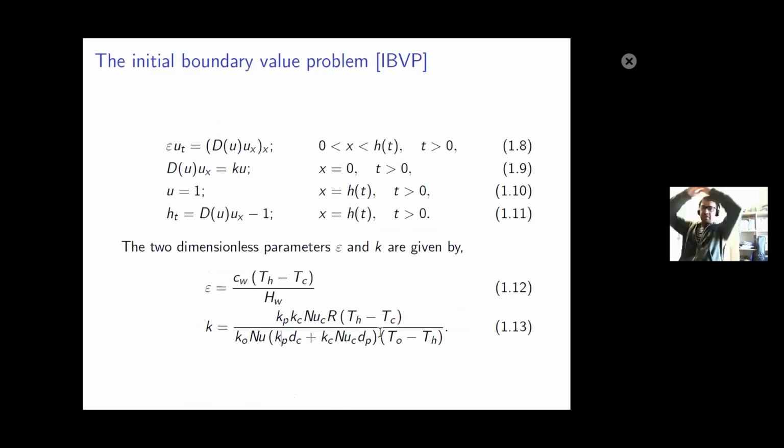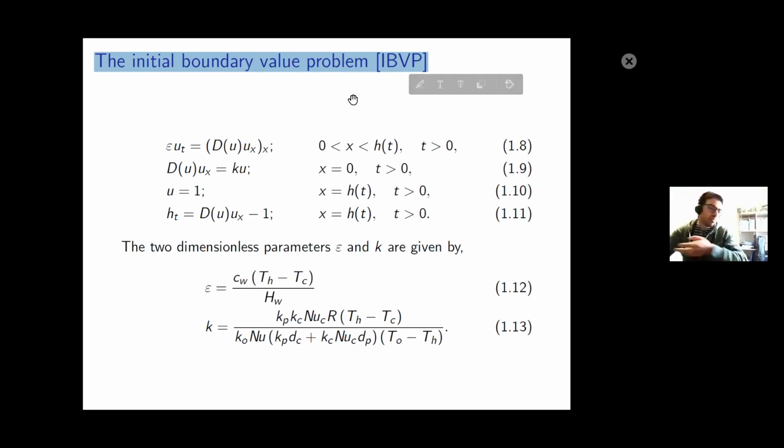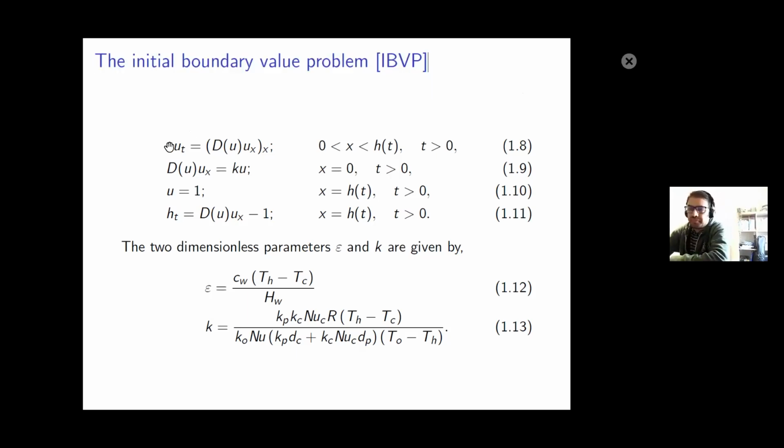Now, the next part. If we now substitute all of our non-dimensional terms into our physical problem for the temperature of the wax, or the solid wax, we obtain this free boundary problem in non-dimensional form. And so this is our initial boundary value problem that we will study from this point, which we denote by IBVP.